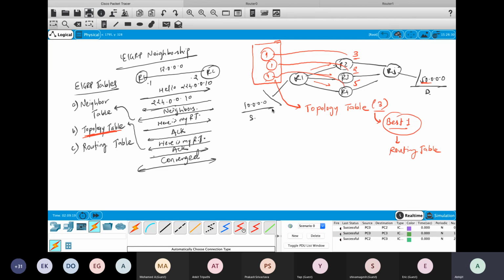Selecting this best route is the process of the Diffusing Update Algorithm. The DUAL algorithm does the task of this. Again, we are going to talk about what DUAL actually does. But this is how EIGRP brings the network up, and this is how EIGRP neighborship is built up. Make sense?